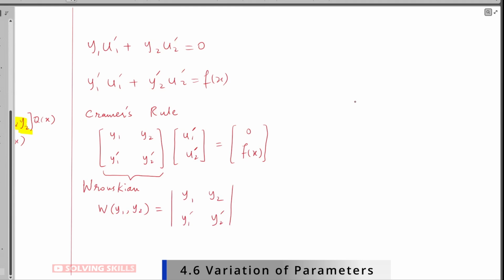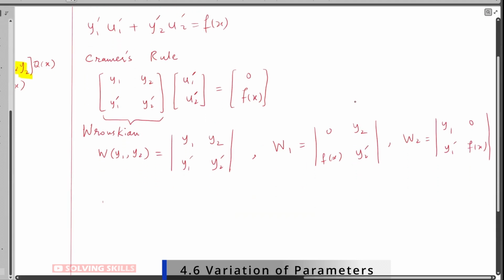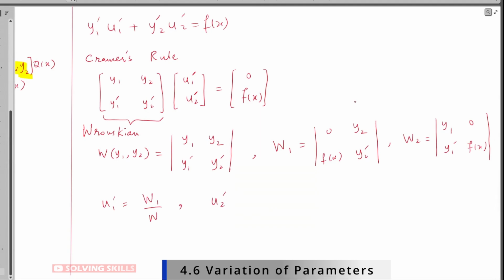Similarly, Cramer's rule tells us that if we have w1 as 0, f of x, y2, y2 prime, and w2 as y1, y1 prime, 0, f of x, then u1 prime will be w1 divided by w, and u2 prime will be w2 divided by w.